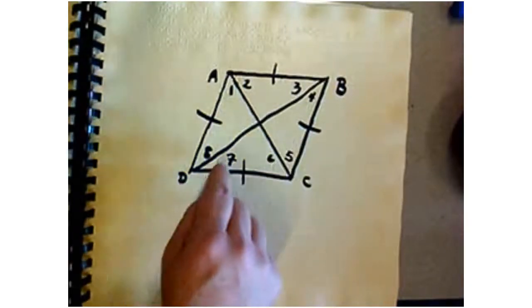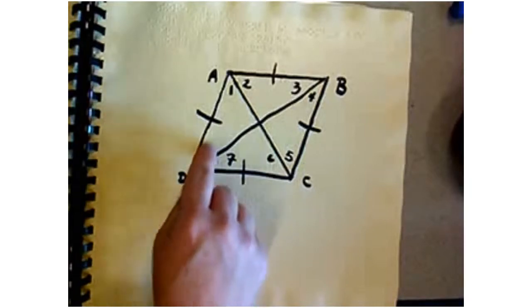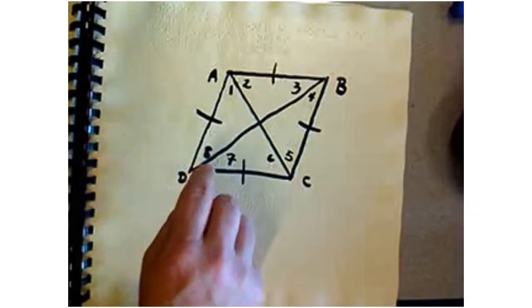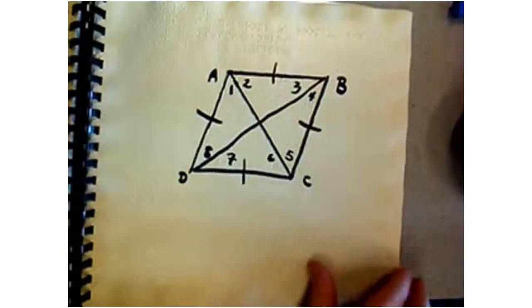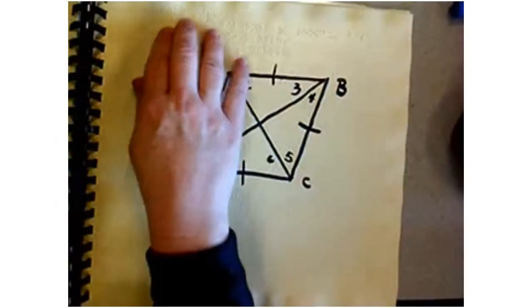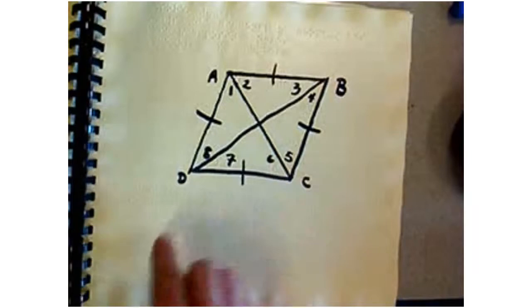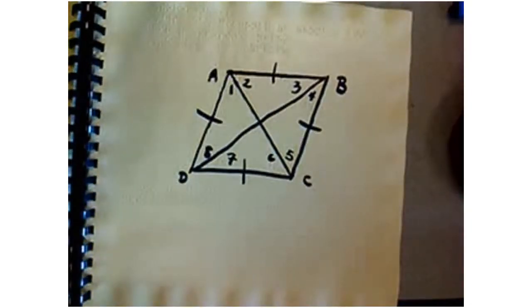And then at D we have angles 7 and 8. The Braille's a little funky in that 8 was labeled up above it. Those would be congruent, and they would be congruent to 3 and 4 because D is opposite B. So it says that in the theorem, each diagonal of a rhombus bisects a pair of opposite angles, and then it says it in symbols about how the measurements of each angle are equal to each other.